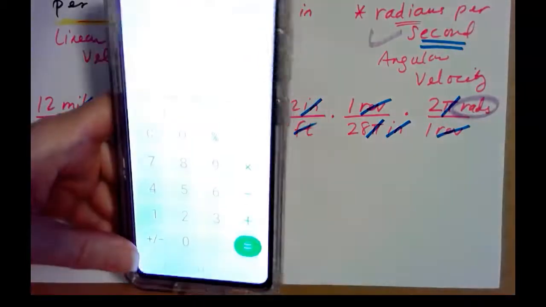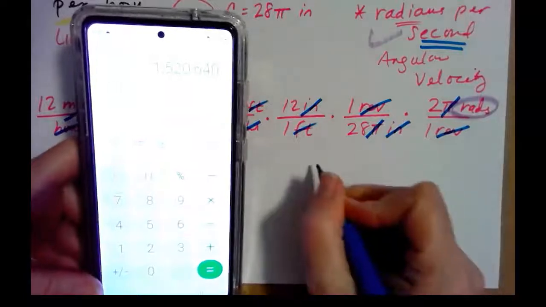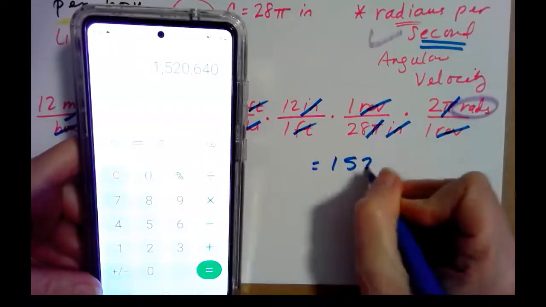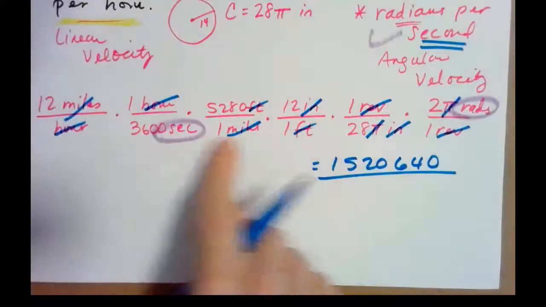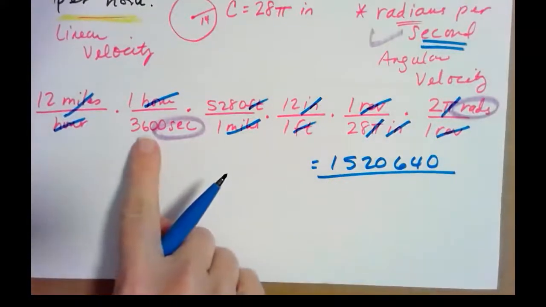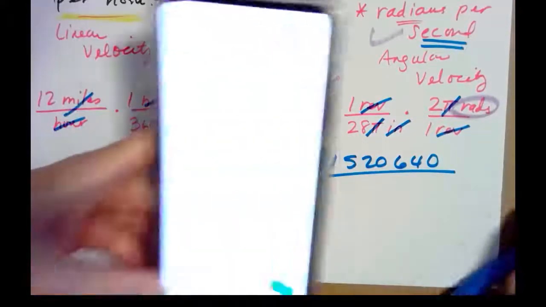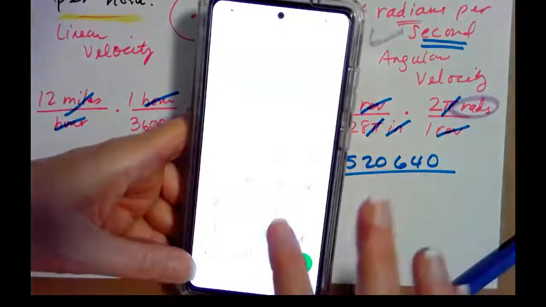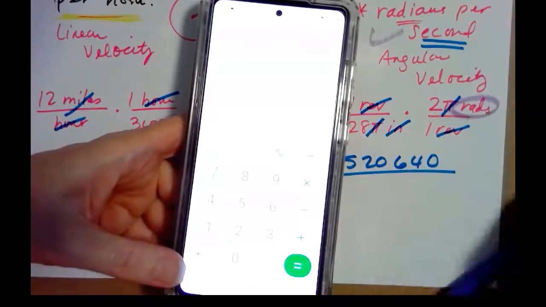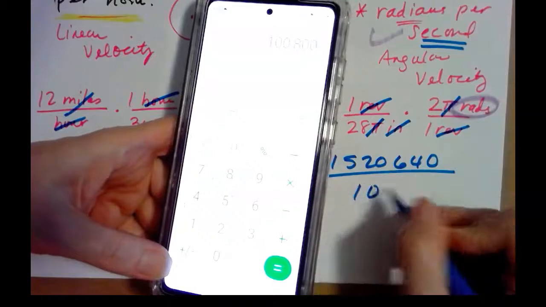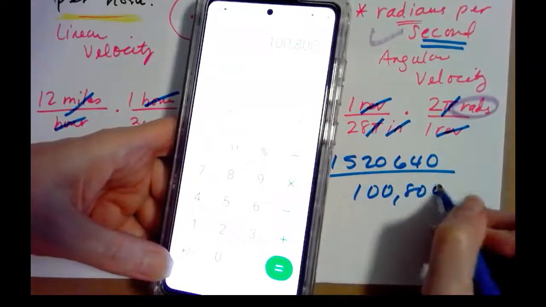So my numerator is going to be 1,520,640 over, and then the denominator, 3,600 times 28. Denominator is 100,800.